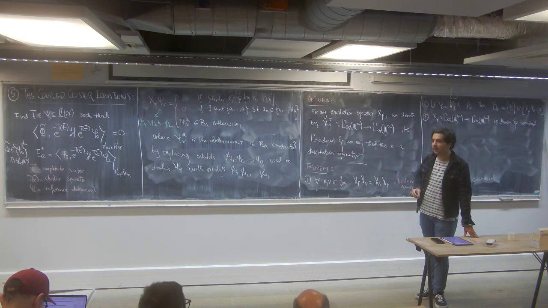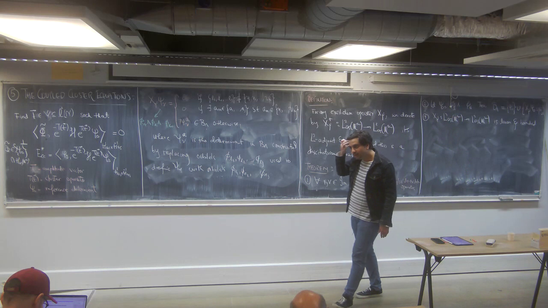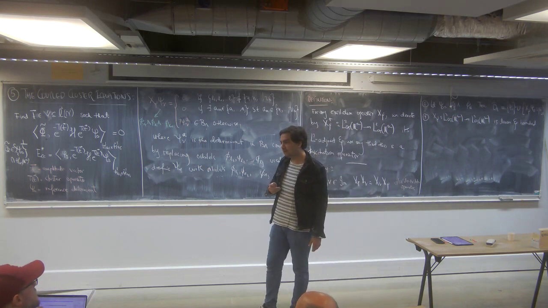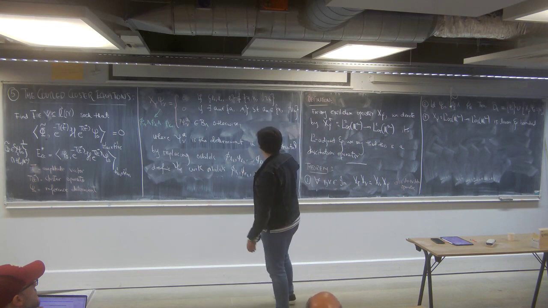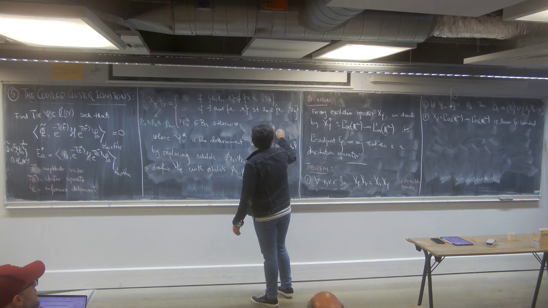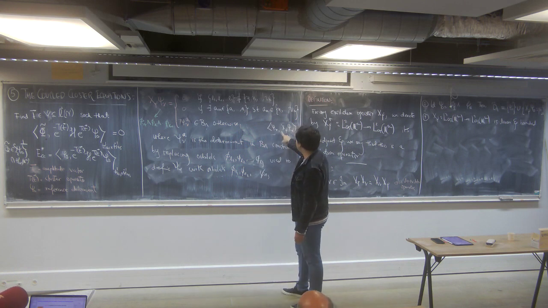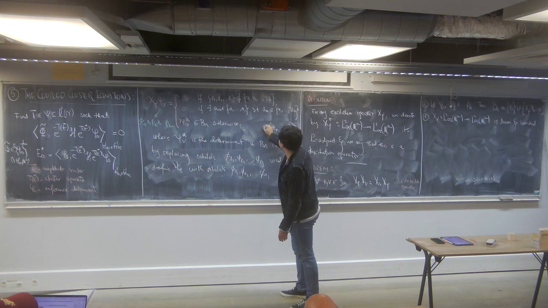No, I don't think so. What is true is that if you write this, for a given mu and a given nu, there is exactly one alpha such that this is not equal to 0.